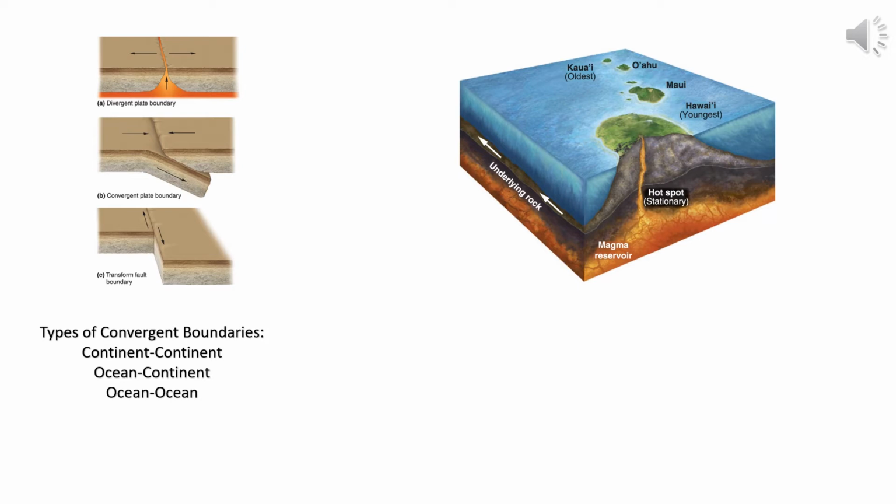Then you have continent-ocean. This happens when an oceanic plate meets a continental plate, and because the oceanic plate is much more dense, it's going to meet the plate of the continent, and it's actually going to slip underneath. That slip underneath is called subduction.